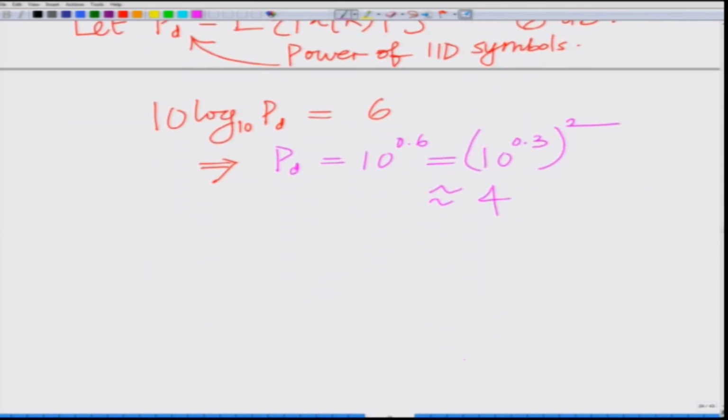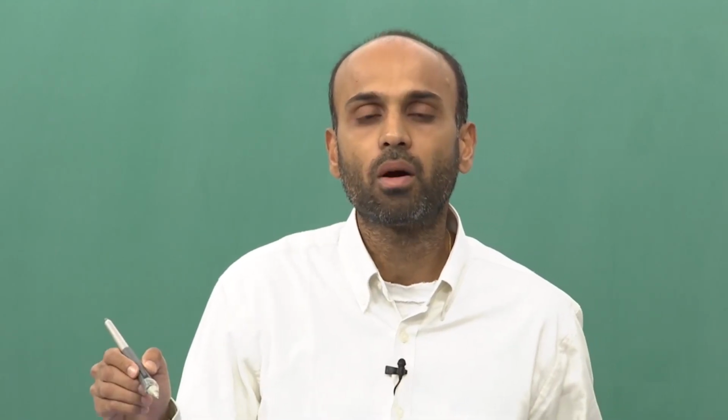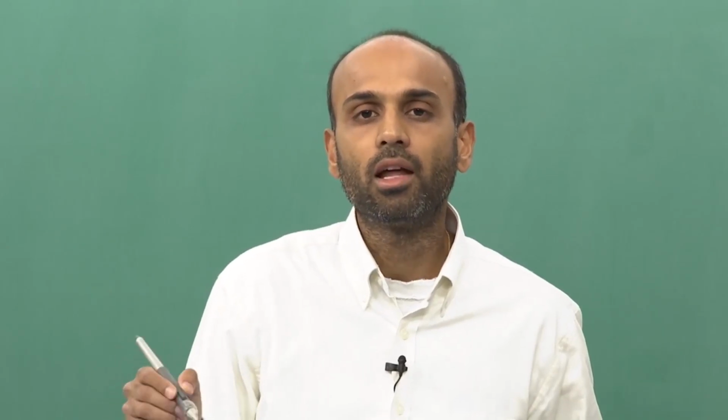Let the noise power sigma square be 0 dB. Remember, we need the power of the symbols and the noise power to compute the LMMSE equalizer.